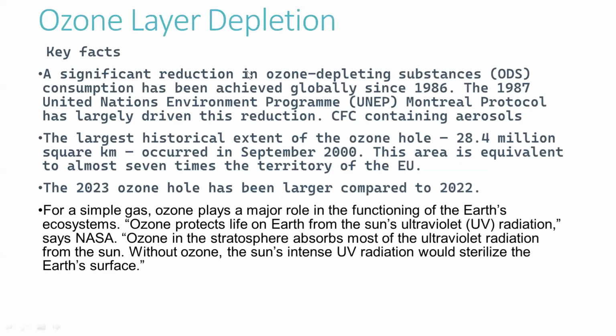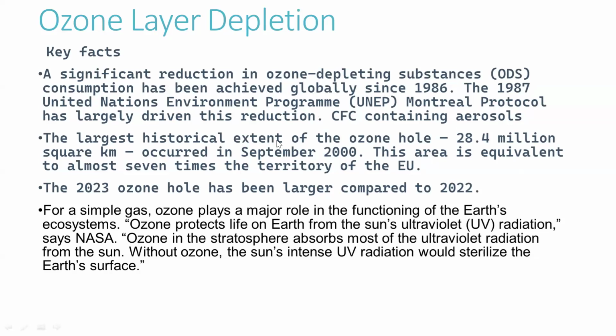Key facts: ozone layer depletion. A significant reduction in ozone depleting substance consumption has been achieved globally since 1986, especially after the Montreal Protocol, conducted by UNEP, the United Nations Environment Program, which has largely driven this reduction.